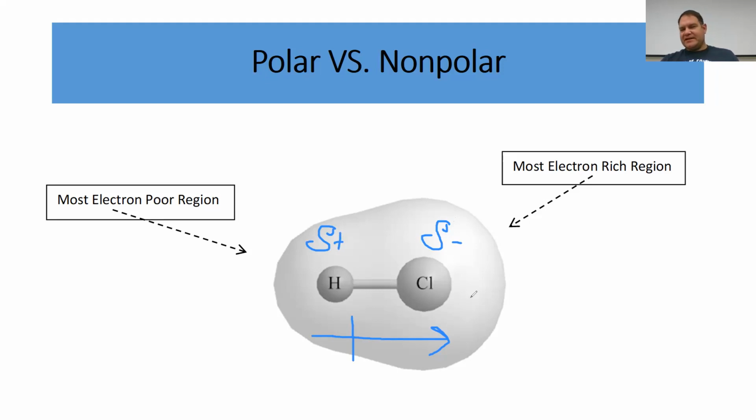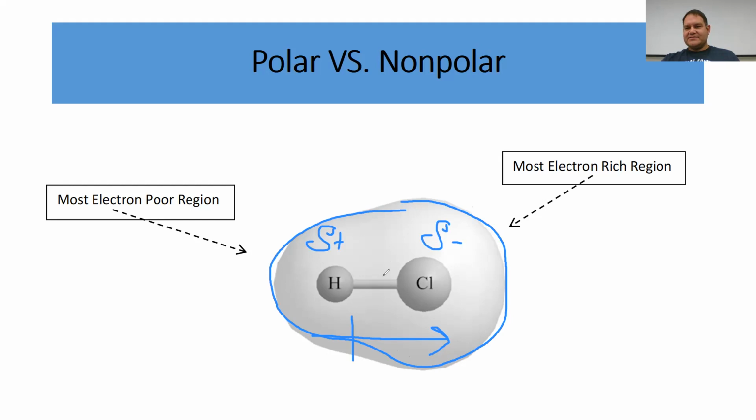And chlorine is going to be that partial negative charge, because it's going to have a larger dipole moment towards that chlorine because it's more electronegative, it's winning the tug-of-war match, and it's going to have a higher electron density, as we can see by this model here, okay? The electron density is much greater on chlorine and much smaller over here where the hydrogen is. So this region on chlorine is called an electron-rich region, and the other region where hydrogen is an electron-poor region, okay?